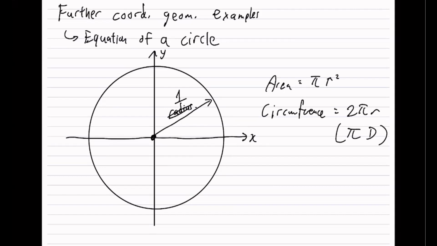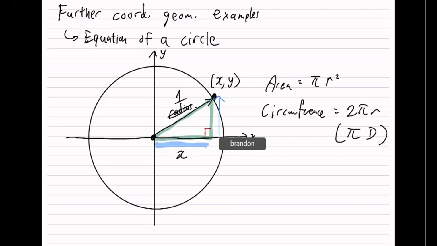Then this point here will be x comma y. Then can you see that there's a right angled triangle over here? X comma y, as a point here. Then there's a right angled triangle. That's a more important point to take note of. So what's the length over here? The blue part. X.